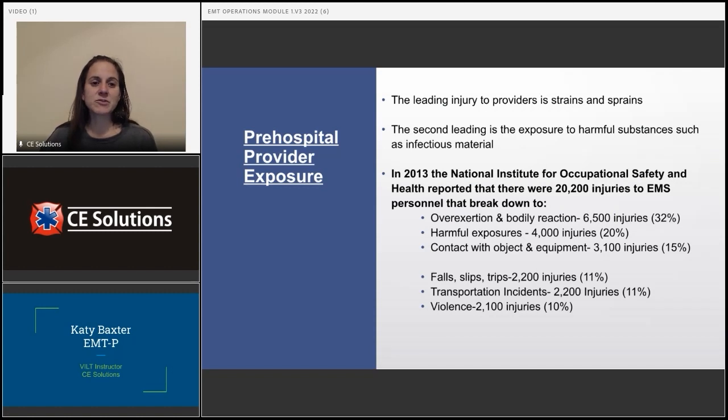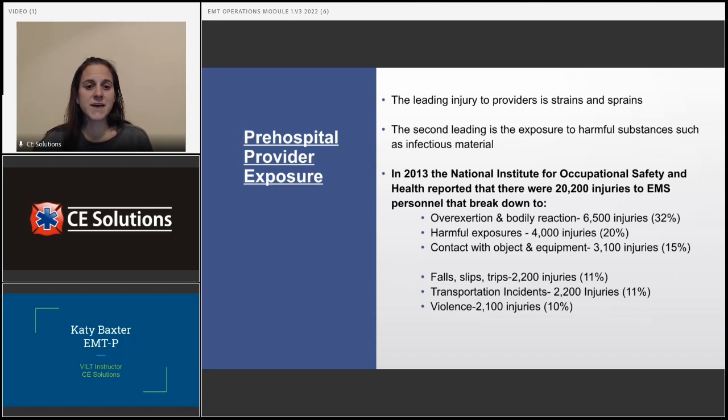Pre-hospital provider exposure. The leading injury is sprains and strains. The second leading injury to providers is exposure to harmful substances such as infectious material. And in EMS, we deal with it every shift.